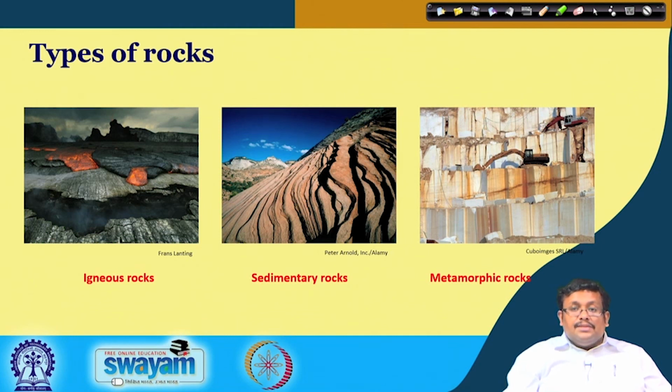Some examples of sedimentary rocks are limestone and sandstone, whereas some examples of metamorphic rocks are gneiss, quartzite, schist, and marble.